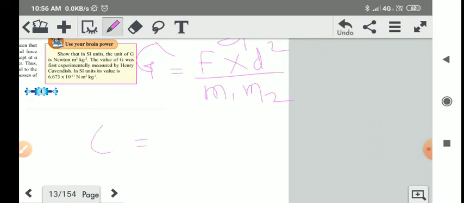So G is equal to, force has SI unit Newton, into d square. d is the distance, so the SI unit of distance is meter, and as there is the square of d, this becomes meter square, divided by m1. m1 is the mass of the first object, so the SI unit of mass is kilogram, into m2, the mass of the second object, which again has the same unit, kilogram.